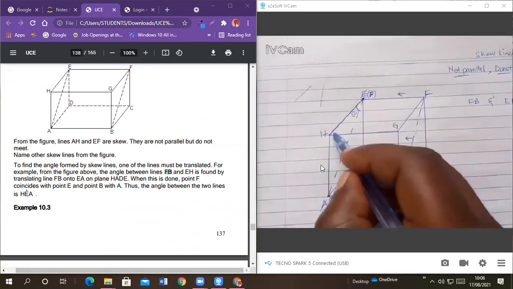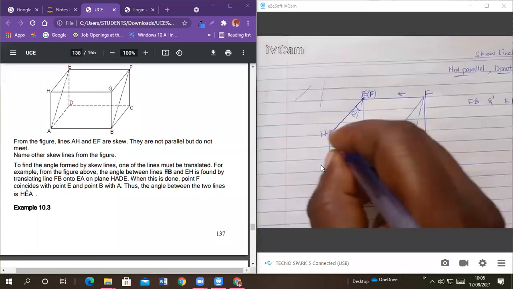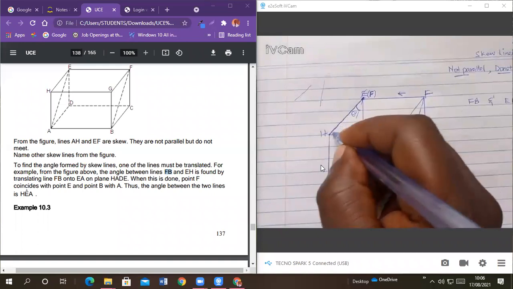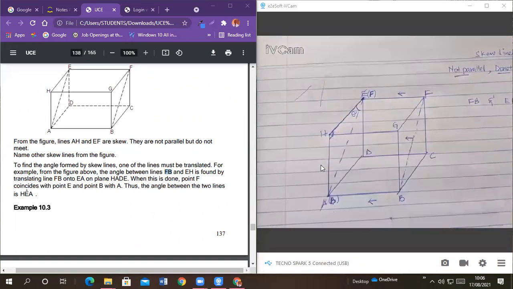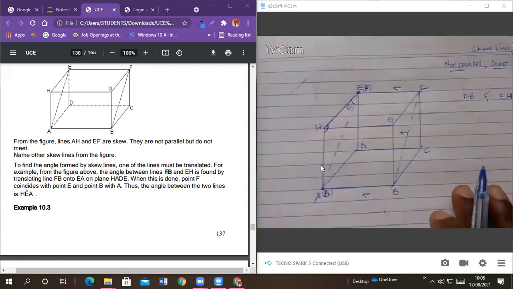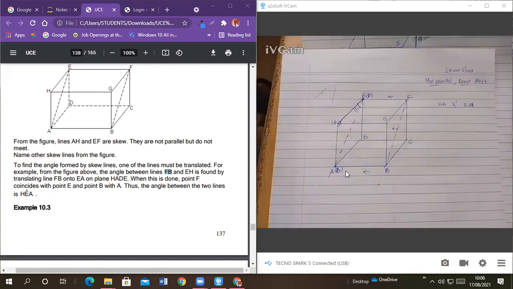So we know at the corners we have 90 degrees. So we can extract out the right angled triangle from there and we draw it.